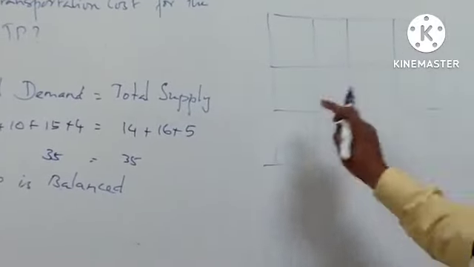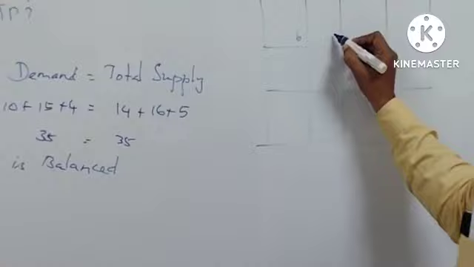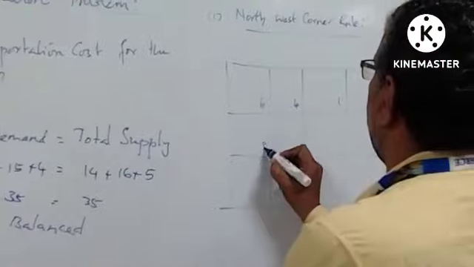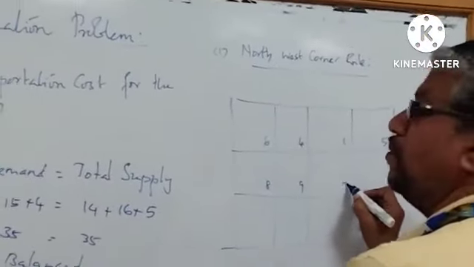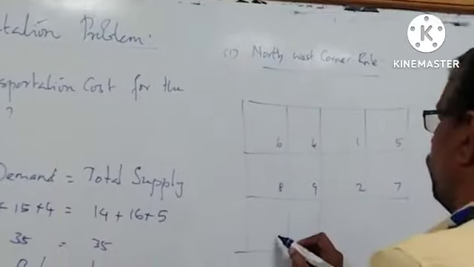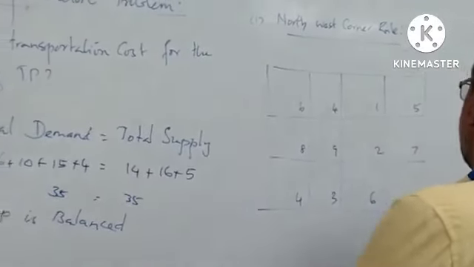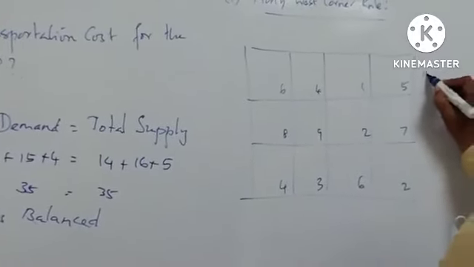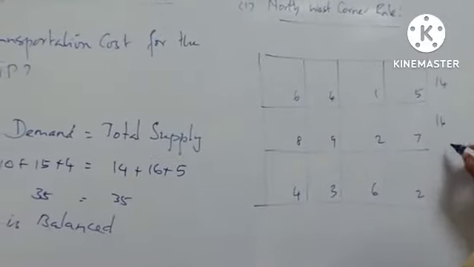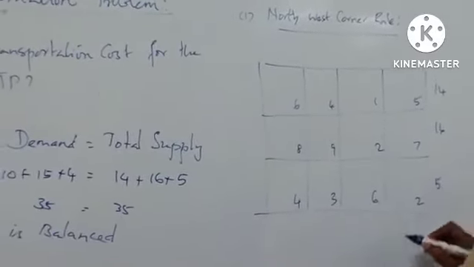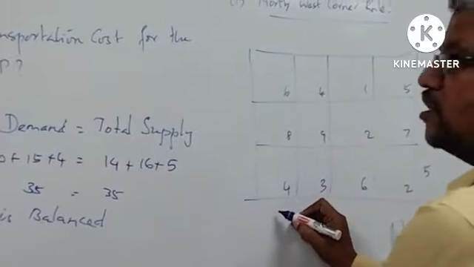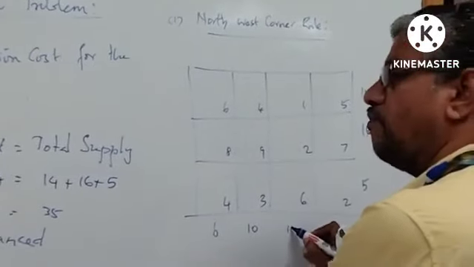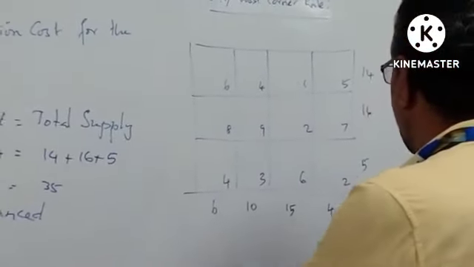So 3 rows and 4 columns: 6, 4, 1, 5, 8, 9, 2, 7, 4, 3, 6, 2. Now the availability at origin 1 is 14 units, at origin 2 is 16 units, and origin 3 is 5 units. Demand at the first destination is 6 units, second is 10 units, and 15 and 4 respectively.